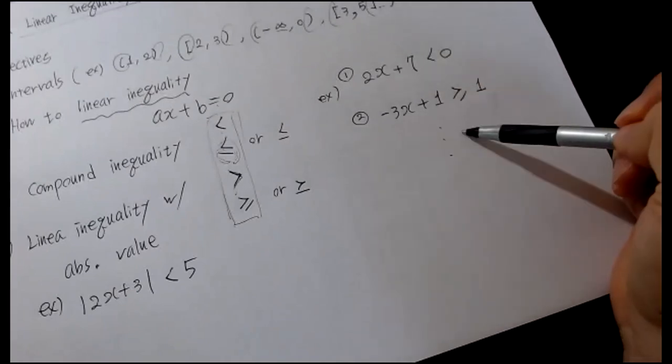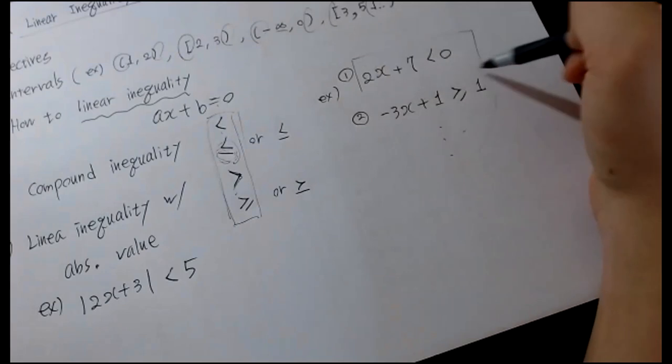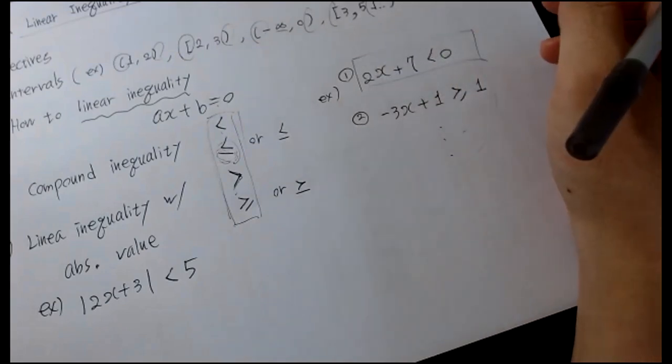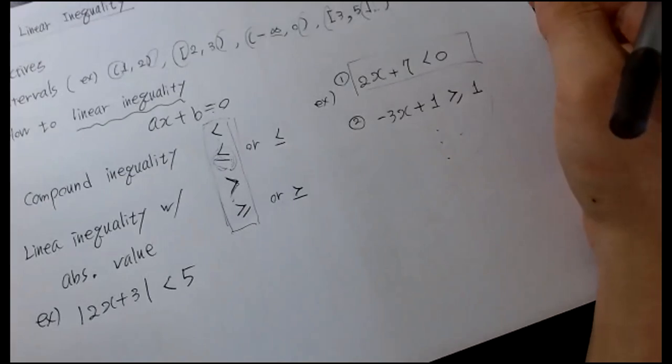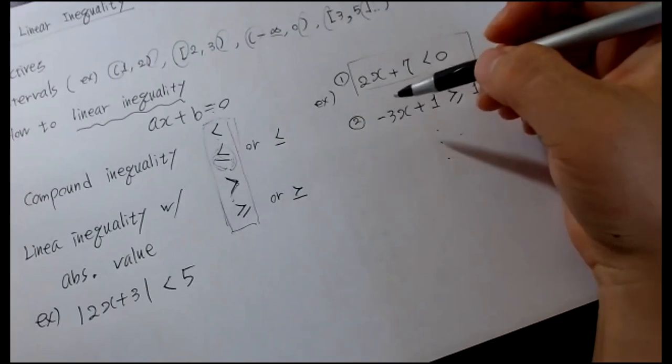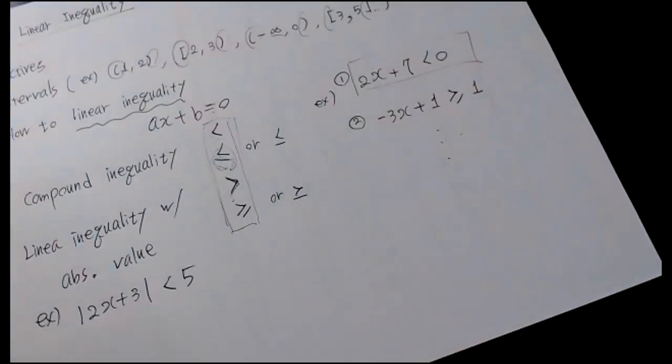Right here, let's take a look at 2x plus 7 is less than 0. How can we solve the inequality? It means that I want to find a solution set satisfying this inequality.